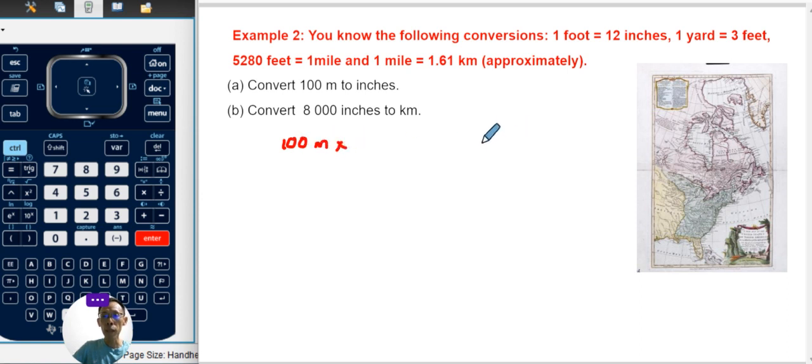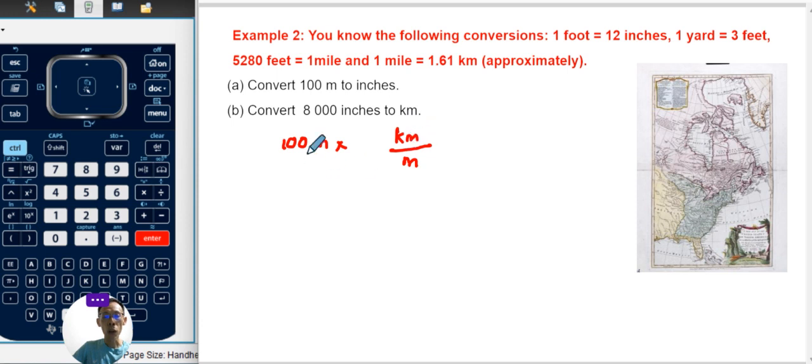I need to multiply, for example, here, divide by meter, right? And you can see I don't have anything that goes from meter to inches, but I have kilometer.